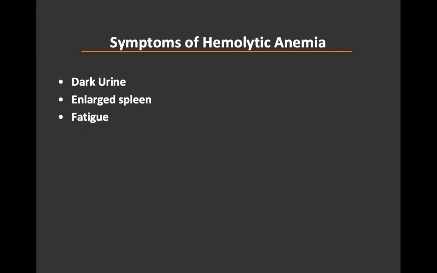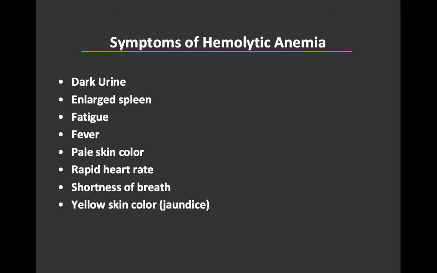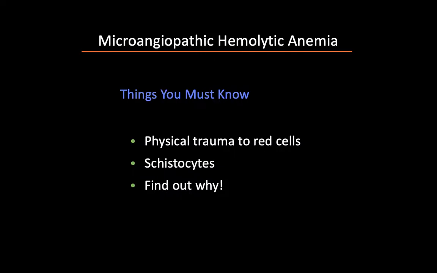Fatigue because I don't have enough oxygen. Fever if there is some type of bacterial infection going on. Pale skin, rapid heart rate, shortness of breath, and jaundice from the bilirubin. Chills can occur because my red blood cells help to carry heat, and so I don't have as much heat carrying capacity.